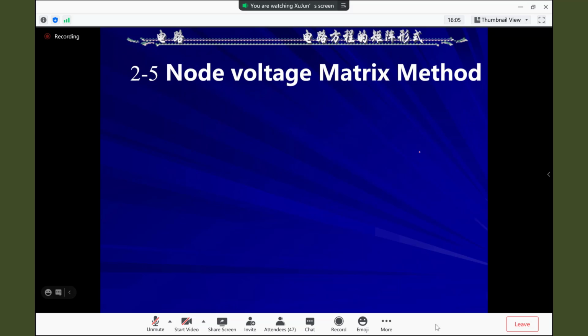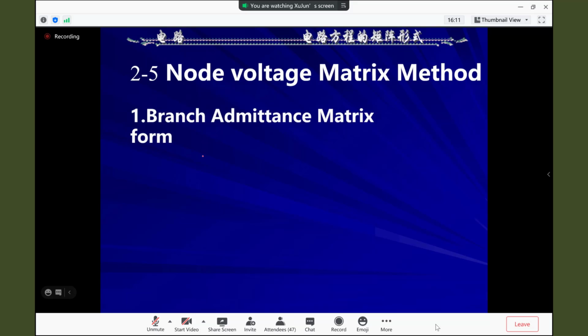The next method, the node voltage matrix method. At first, we introduce the branch admittance matrix. We have introduced the branch impedance matrix.